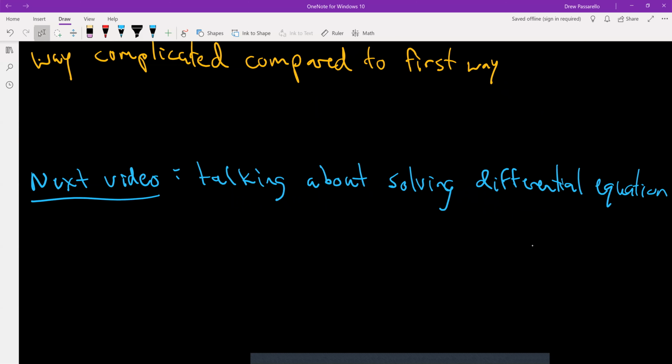I figured I would talk about that because it is in the section, but also if you're an engineer, you're going to have to take a course called differential equations. This part is going to give you a glimpse at what differential equations is going to incorporate. It's like a baby preview of it.